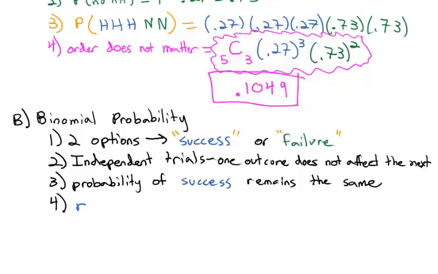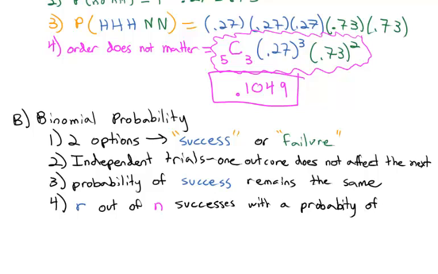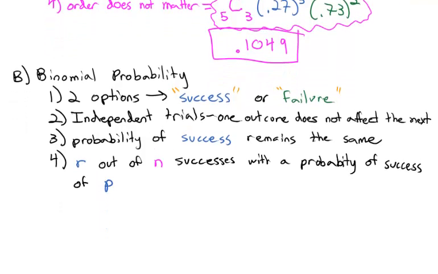We want R out of N trials, R out of N successes with a probability of success of P. So P stands for the probability we're successful.